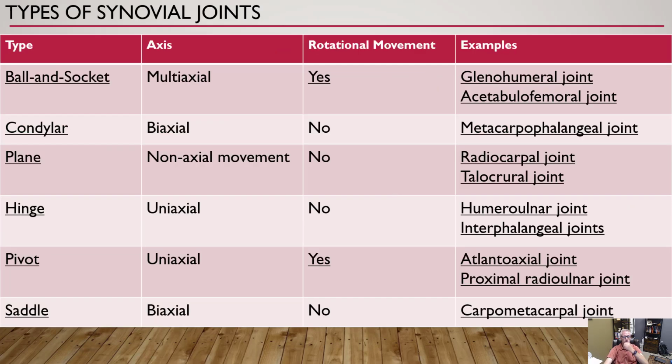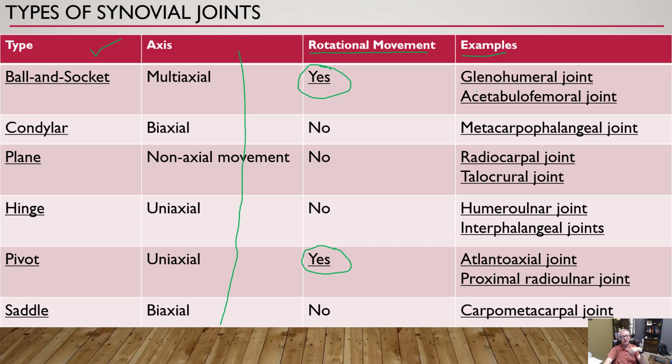All right, for your synovial joints, you're going to have to know the 6 types of synovial joints. Don't worry about this column, but you will have to know which 2 joints provide rotational movement. So your ball and socket and your pivot joints both provide rotational movement. And you're going to have to know examples of each type of joint. So your ball and socket joint, I said, was your shoulder and your hip joint.